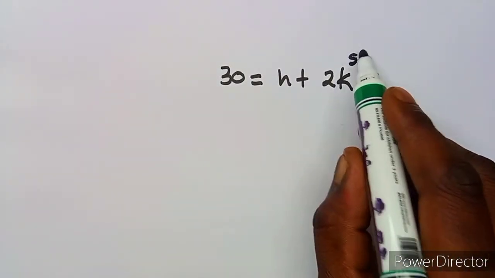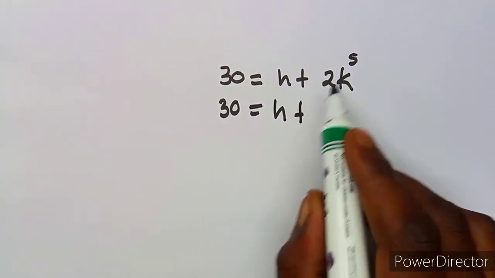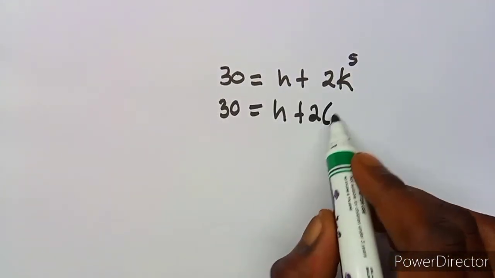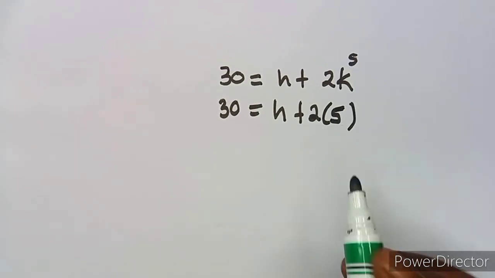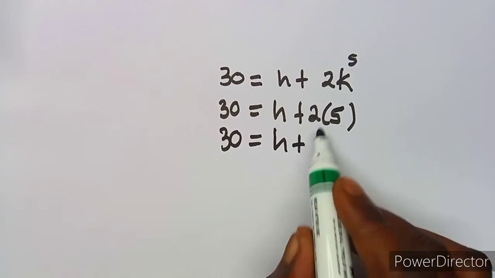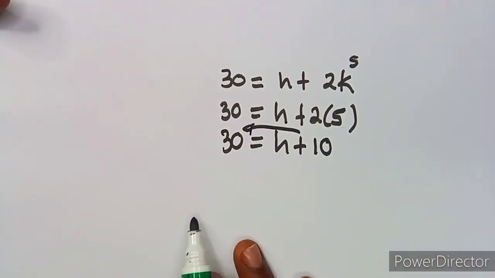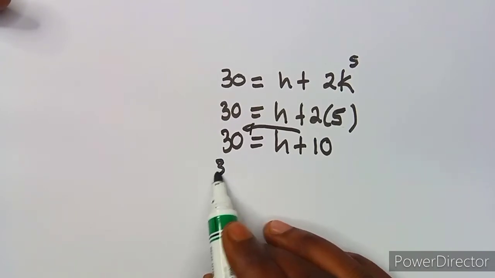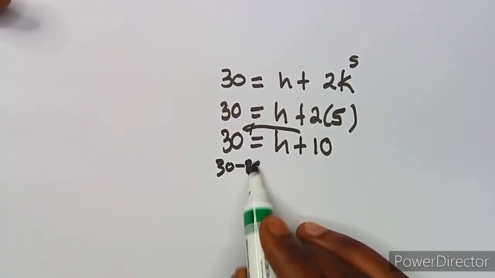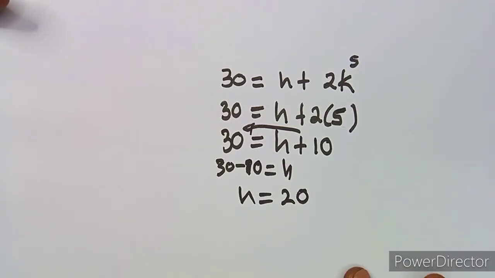So 30 is equal to H plus 2 times 5, which is 10. Then transpose to this side, it's going to be 30 minus 10, which is 20. So H is equal to 20.